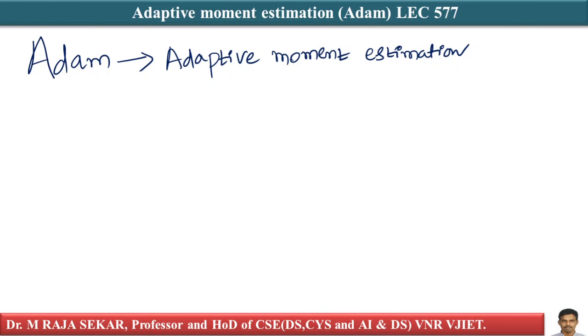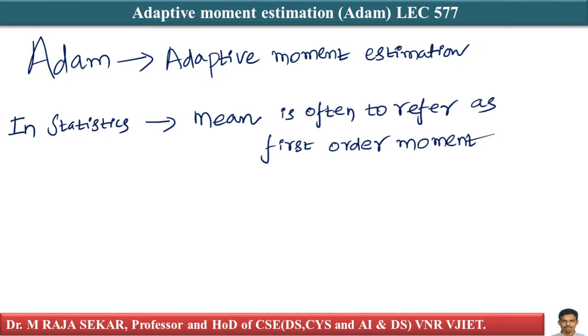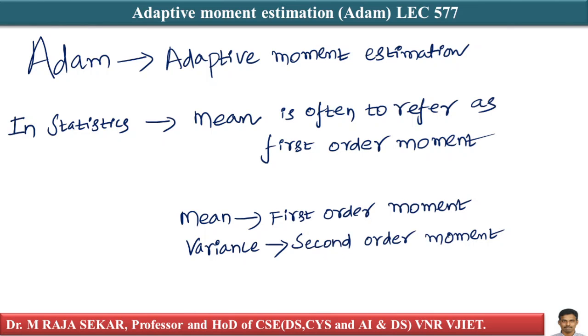Adam is actually adaptive. What is Adam? Adaptive moment estimation. Why is it called moment? In statistics, the mean is often referred to as the first order moment, isn't it? Just try to recall in your statistics class. The variance is often referred to as the second order moment.